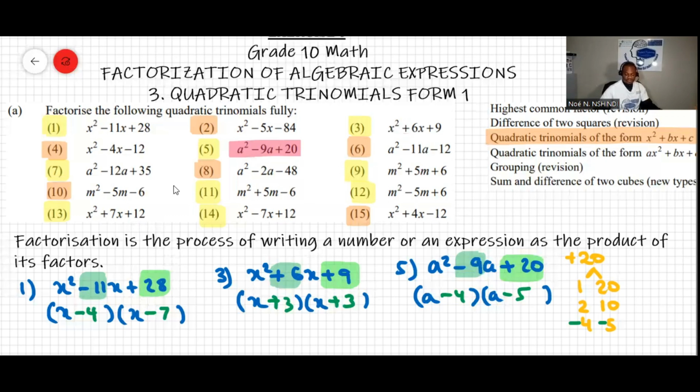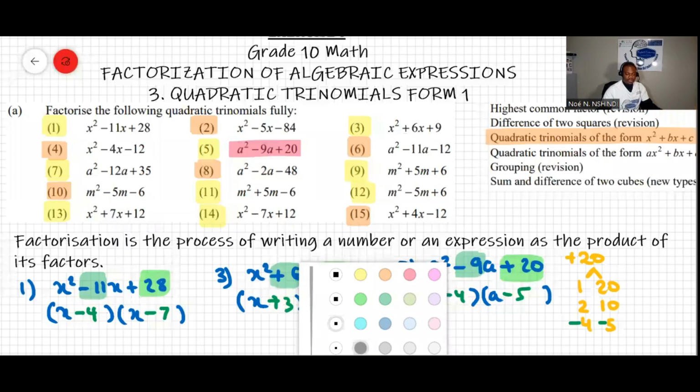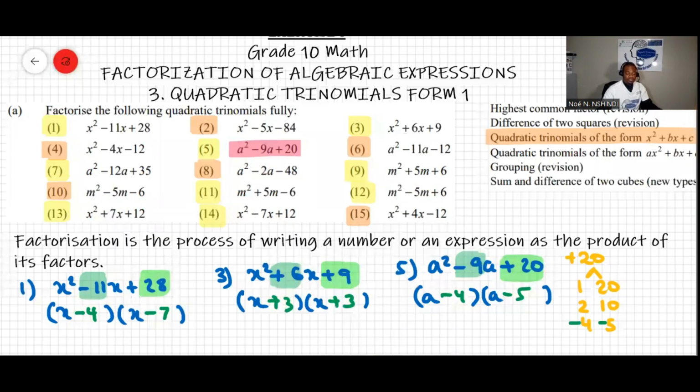Look at the yellow questions: they all end with a positive term. I did that on purpose. So this one, not 11, because those ones end with a positive term.